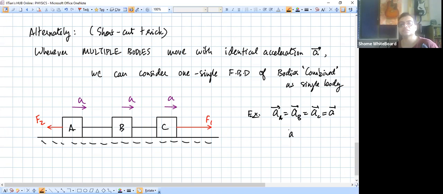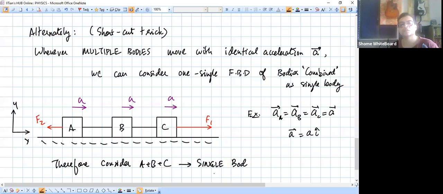So that a is nothing but that magnitude a i-cap, if I take this as my x-axis and y-axis. Because this is happening here, all three blocks are moving together, therefore now I can consider A plus B plus C as a single body.